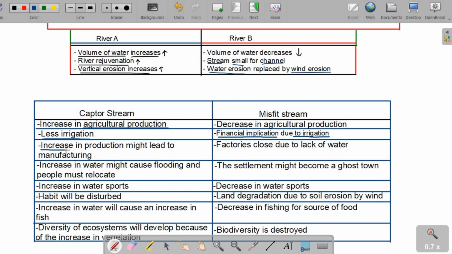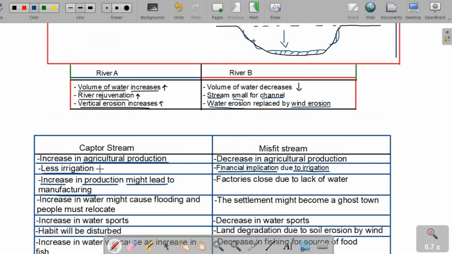So we also see that this increase in production along the capture stream might lead to an increase in manufacturing. We did talk about, if you watched my videos on economic geography, industries and the value chain, and how you go from primary to secondary, and so on.